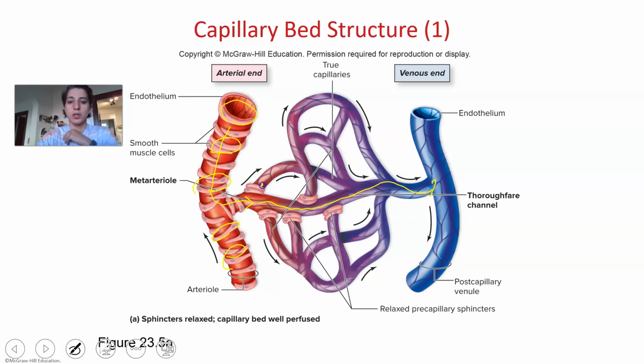So first thing we should notice is that there's a lot of branching, right? We want to be able to reach all of the tissues, and just in case we can't, there's something called an anastomosis, and there's a really, really important one that we're going to talk about in the brain. We talked about anastomoses in the context of coronary arteries because they don't have enough anastomoses, so there are overlaps between blood supplying vessels that allow for oxygen-rich blood to reach a tissue in case you have blockage somewhere.